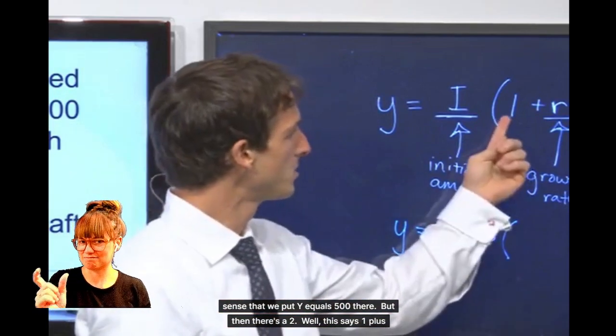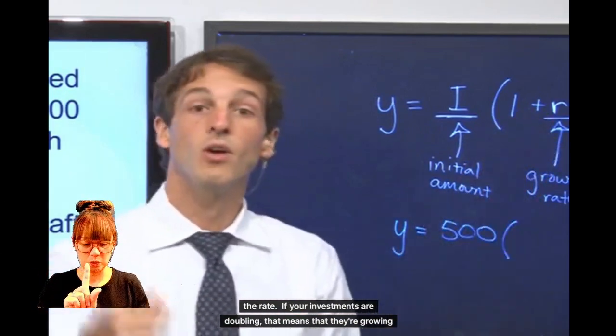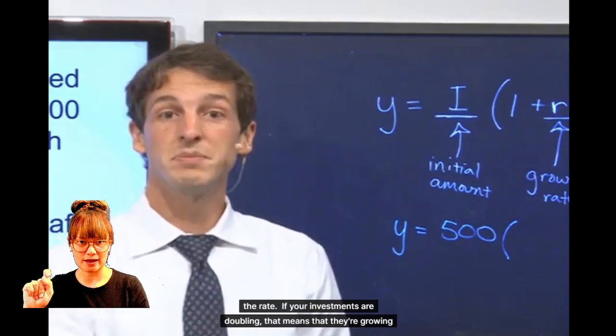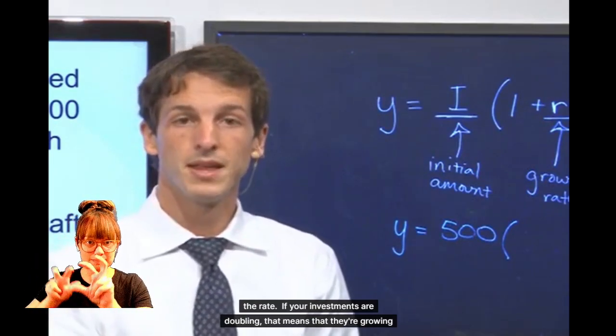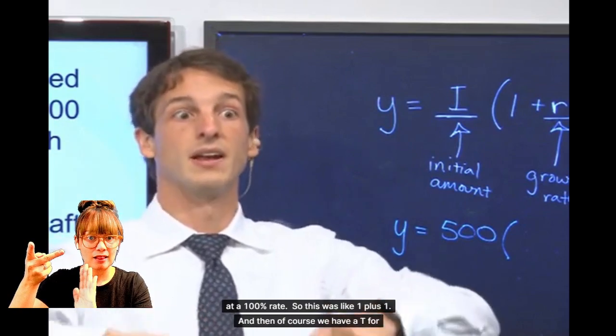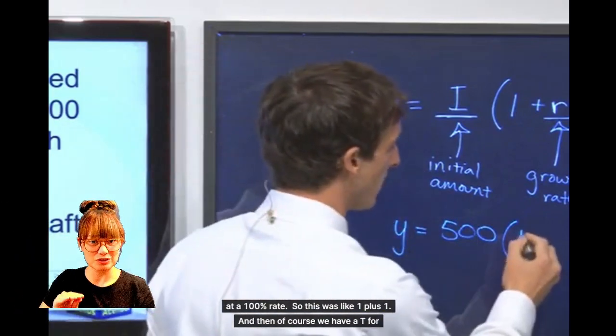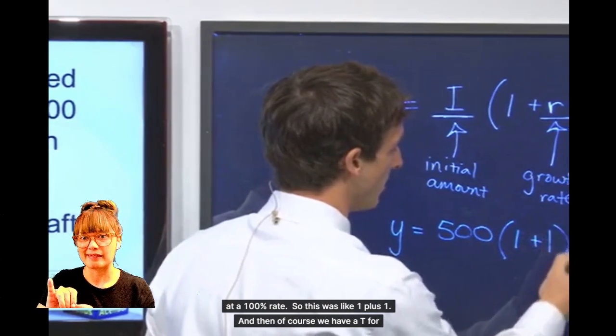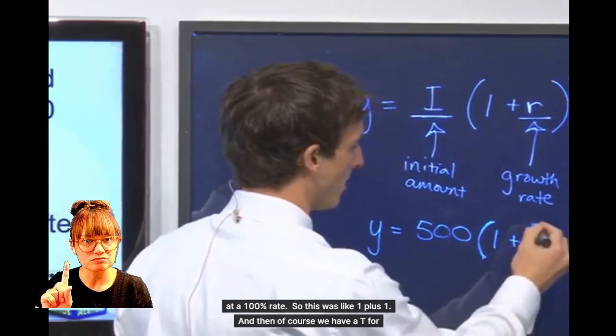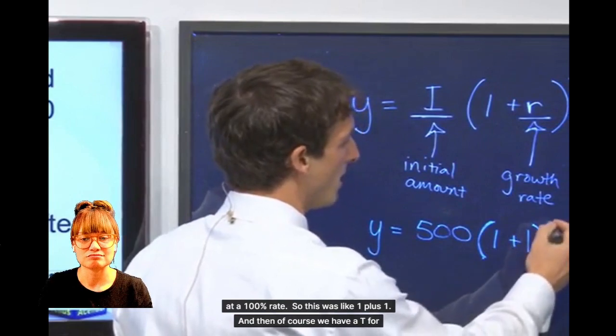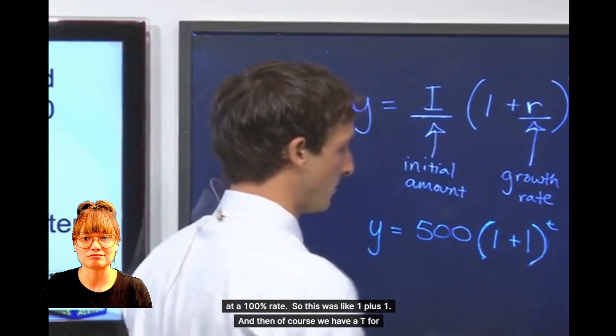Well, this says 1 plus the rate. Well, if your investments are doubling, that means that they're growing at a 100% rate. So this was like 1 plus 1. And then, of course, we have our t for time periods.